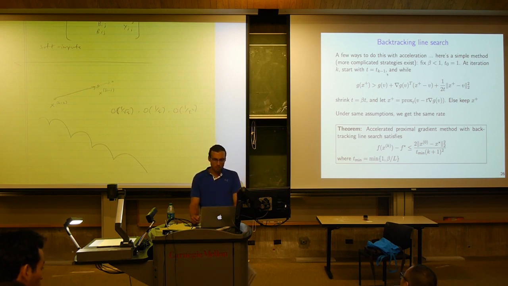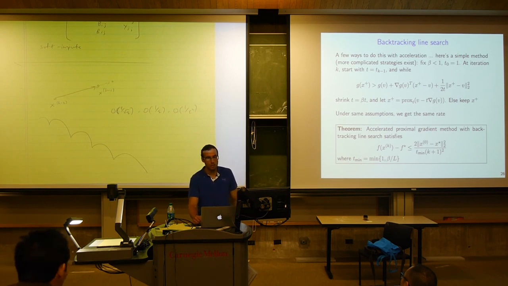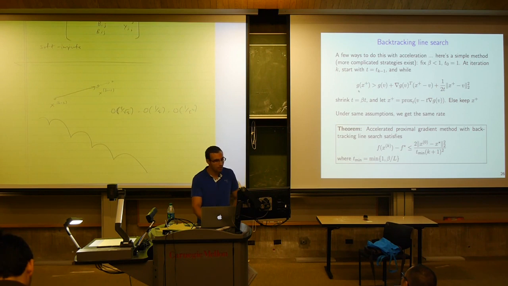In accelerated methods, we are required to always make the step size smaller as the algorithm proceeds, or at least this is the version for which we have guaranteed convergence. There are several other alternatives to backtracking under acceleration, and they probably get much more complicated than this, but here is a simple enough version that we know converges.